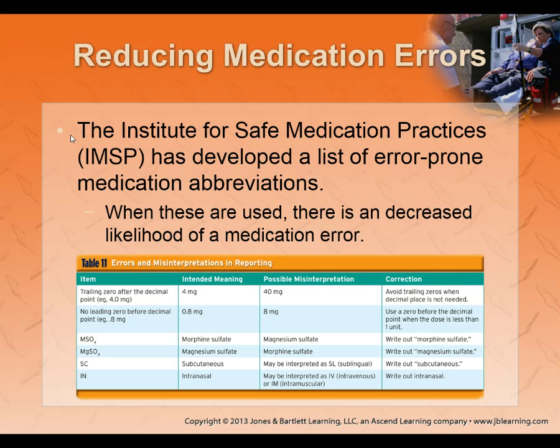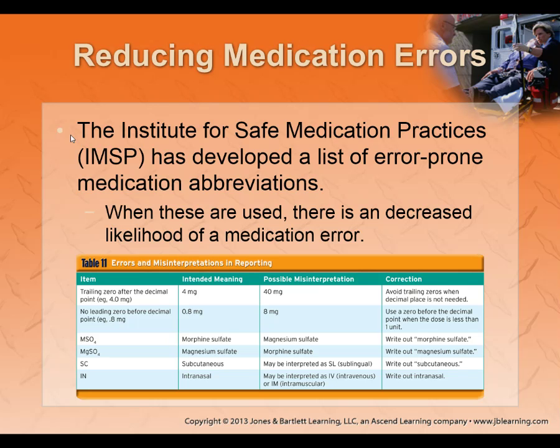We wouldn't write 4.0, we would just write 4 milligrams, so that no one misses the decimal and we give them 40 milligrams instead of 4. Also, we put a 0 in front of a decimal like 0.8 or 0.4 milligrams, so that we're not giving 8 milligrams or 4 milligrams. We don't abbreviate morphine, magnesium, or subcutaneous. We write it out.